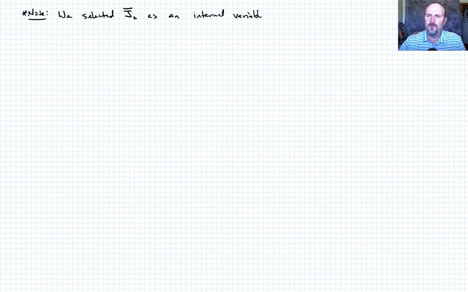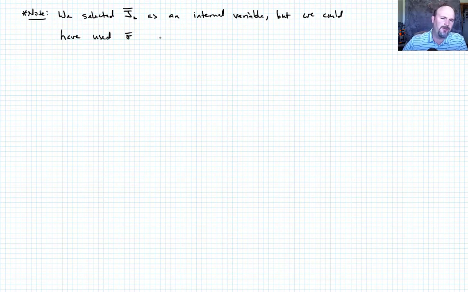But we could also have used sigma bar as an internal variable instead. Of course, that would have potentially changed some of the variables that we used when we defined our yield function if we'd done that, but it would still come out to be the same solution.